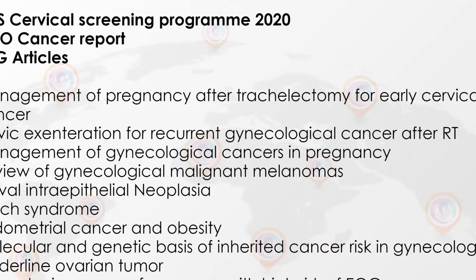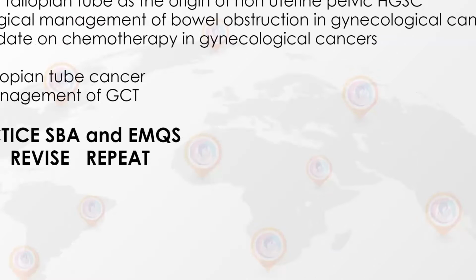And some related TOG articles which you must cover are: management of pregnancy after trachelectomy, pelvic exenteration, management of gynae cancers in pregnancy, review of gynae malignant melanomas, vulval intraepithelial neoplasia, Lynch syndrome, endometrial cancer and obesity, molecular and genetic basis of inherited cancer risk in gynae, borderline ovarian tumor, risk-reducing surgery for women with a high risk of epithelial ovarian cancer, Fallopian tube as origin of non-uterine pelvic high-grade serous carcinoma, surgical management of malignant bowel obstruction, and update on chemotherapy in gynae cancer.